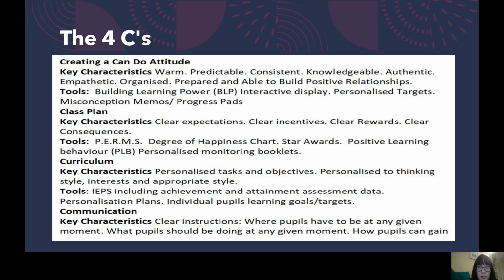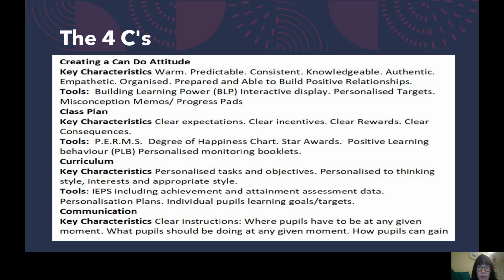So the clear expectations, obviously that goes to the PLB, the class rules, the talking toolkit. The clear incentives and the clear rewards. Just have a check at your class star charts. Are they up to date? Have the children got the correct stars? Has every child got a star chart up?